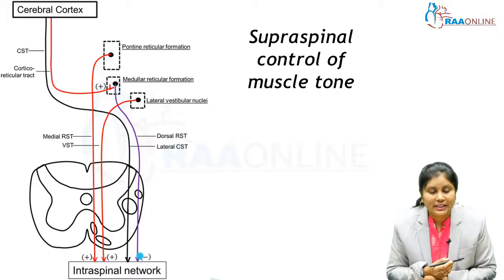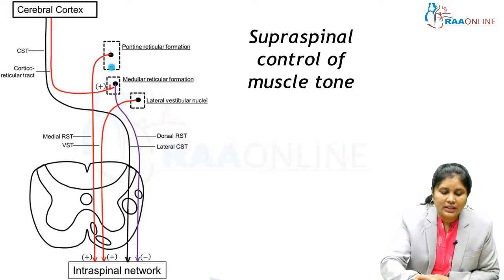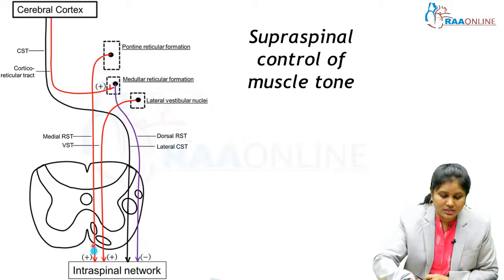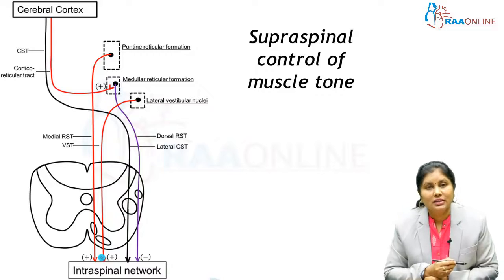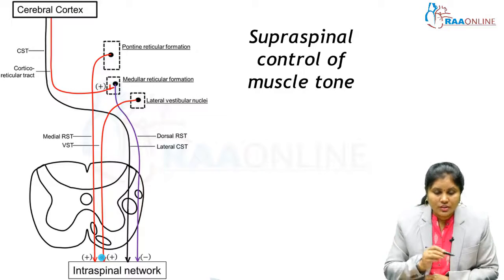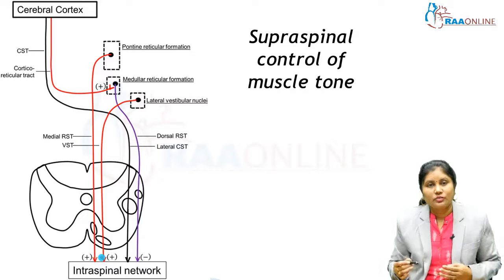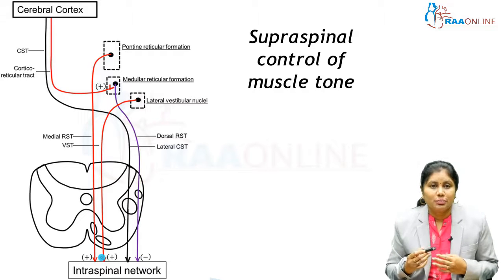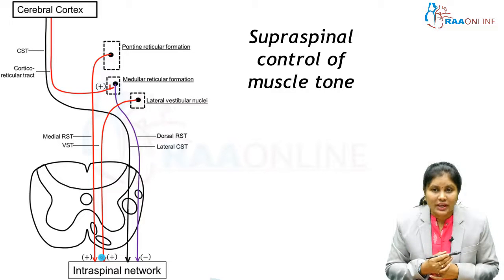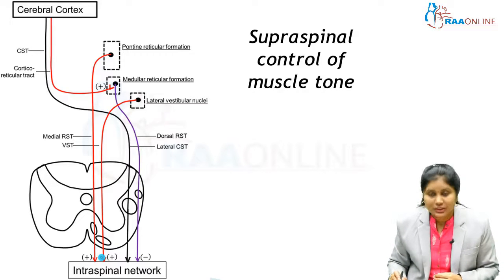Then, the facilitatory areas include the pontine reticular formation through the medial reticulospinal tract, which stimulates the spinal cord. Similarly, the lateral vestibular nuclei, through the vestibulospinal tract, also stimulate the alpha motor neurons. So, this is how the stretch reflex is stimulated, facilitated and inhibited by different supraspinal tracts, and thus the muscle tone also is dependent upon their influence.